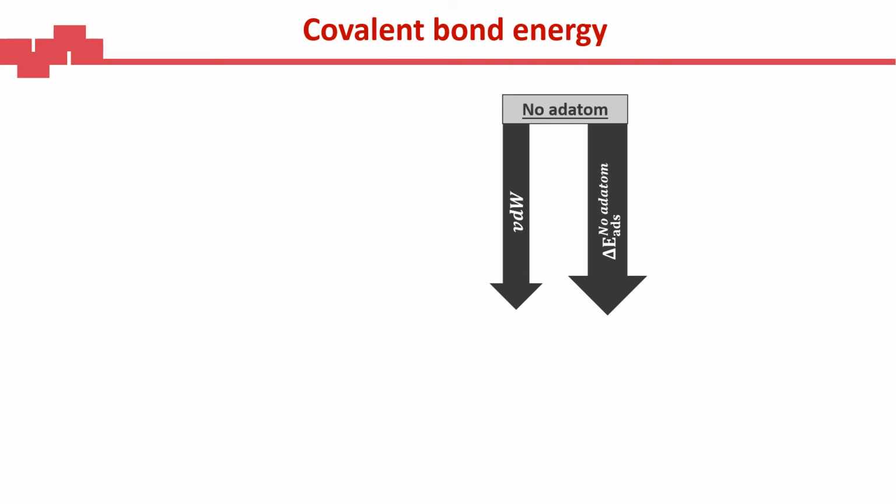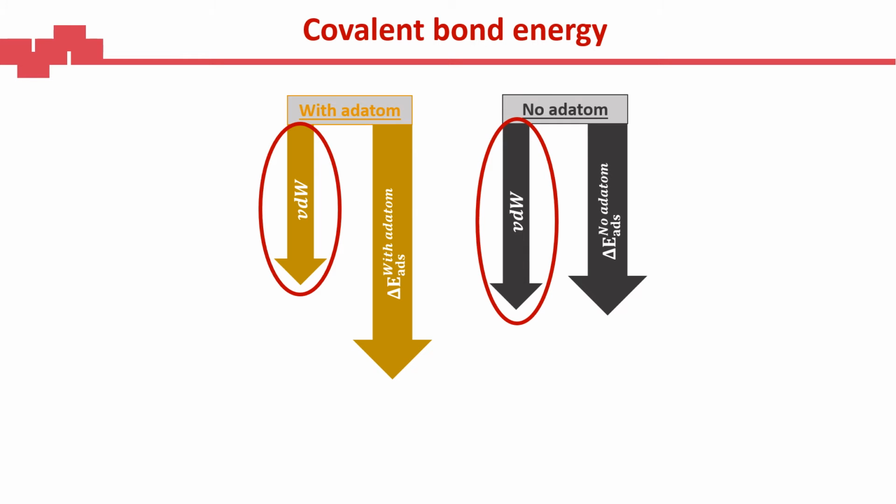Now, we can also split up this adsorption energy into different contributions. And for the case without adatoms, we find that almost the whole adsorption energy is due to an increased van der Waals energy when the molecule adsorbs on the surface. Now, with adatoms, there is a comparable amount of van der Waals energy, like in the case without adatoms.